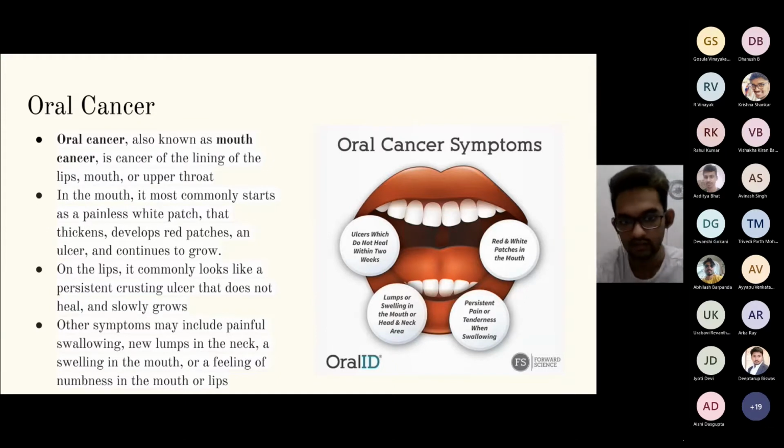Other symptoms of mouth cancer are discomfort while swallowing, lumps on the neck, swellings in the mouth, and a feeling of numbness in the mouth and lips. Here is a picture showing some symptoms of oral cancer, like ulcers which do not heal within 2 weeks, and lumps or swellings in the mouth or head and neck area.